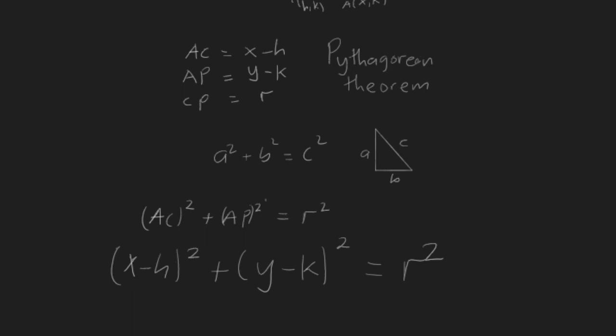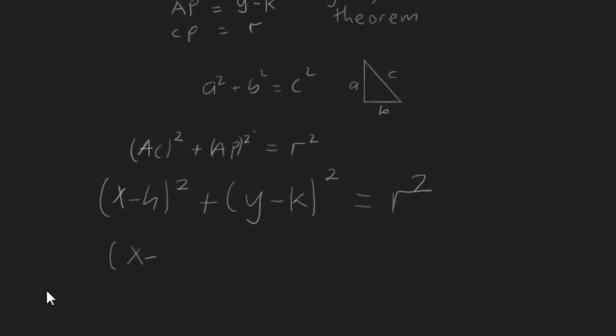So if the center is at the origin, which is 0, 0, then we get x minus 0 square plus y minus 0 square is equal to r square, which is going to give us x square plus y square is equal to r square.